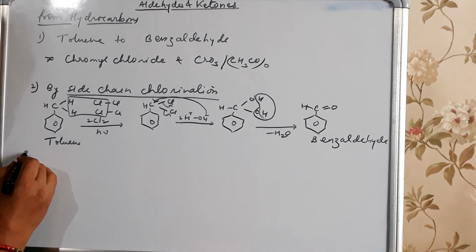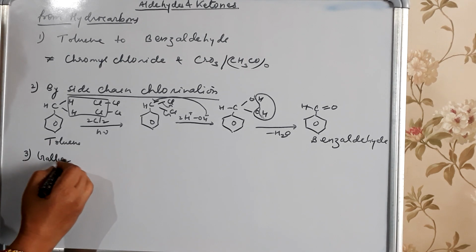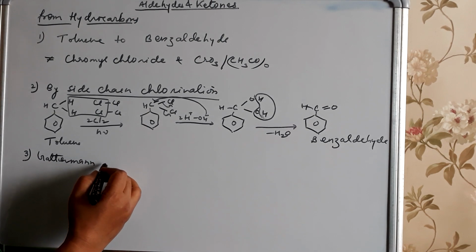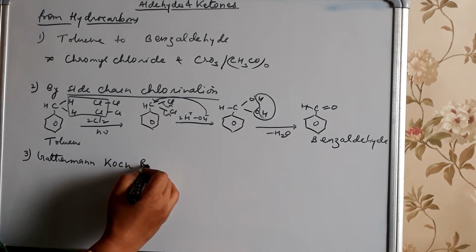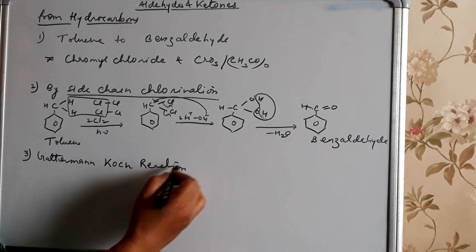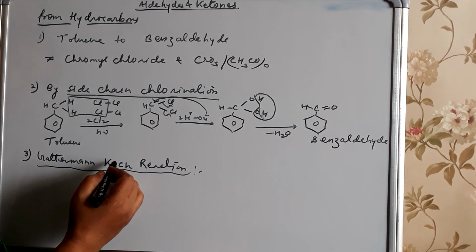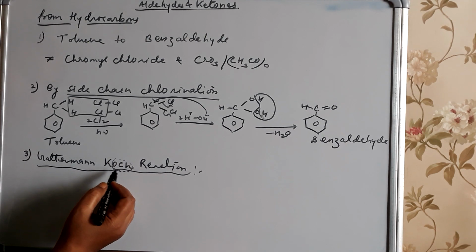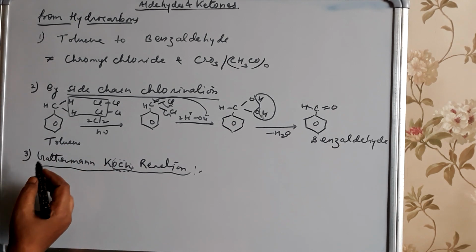Next reaction is a name reaction. It is a name reaction that is known as Gattermann-Koch reaction. We can easily link the CHO to remember this reaction, which helps in formation of the CHO group.